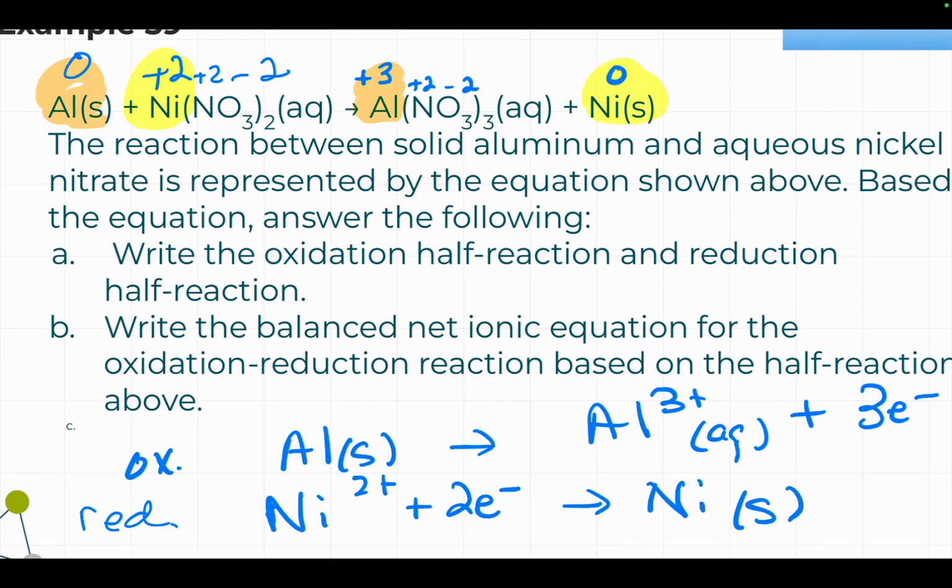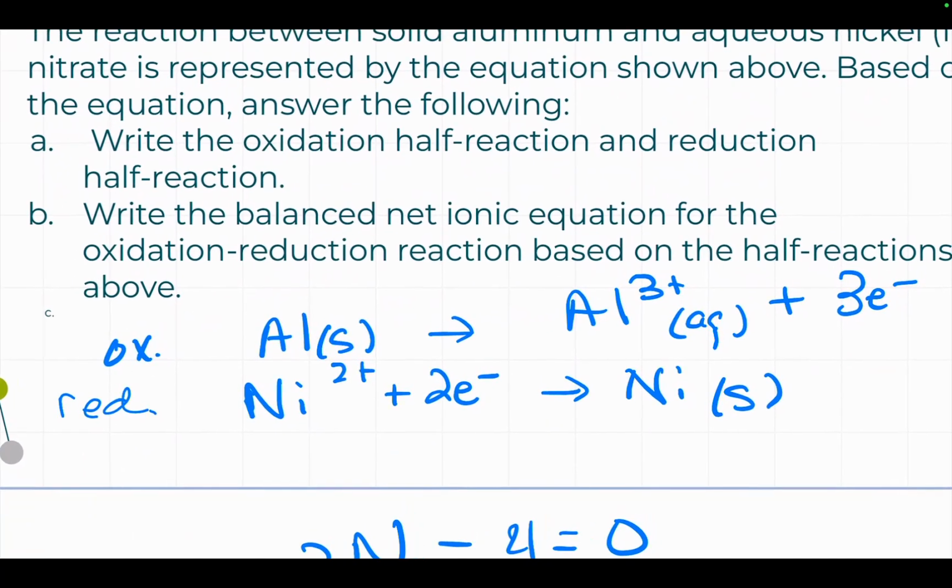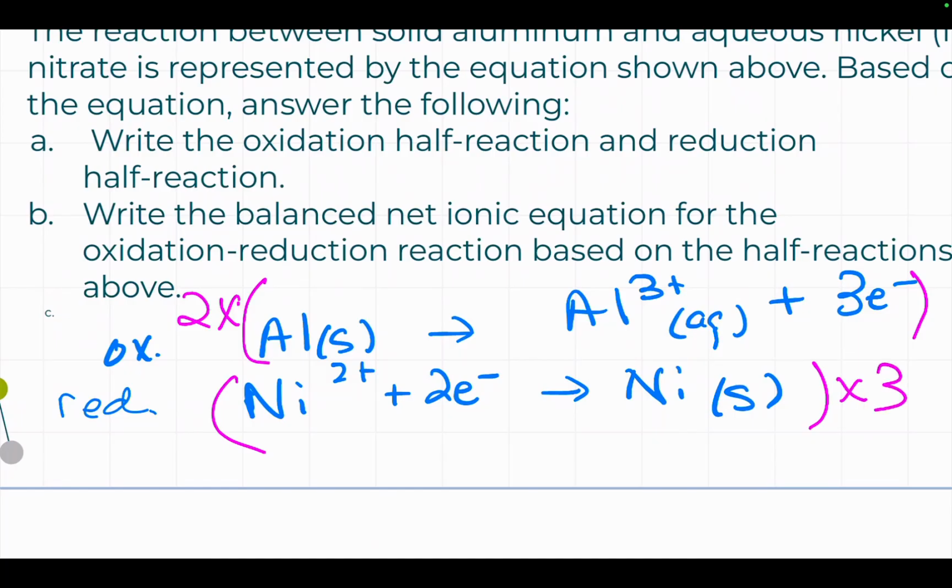So again, we have to make sure our electrons are conserved. So you can see that I'm going to need to multiply the top reaction by 2 and the bottom reaction by 3 so that I have 6 electrons total being gained and lost.